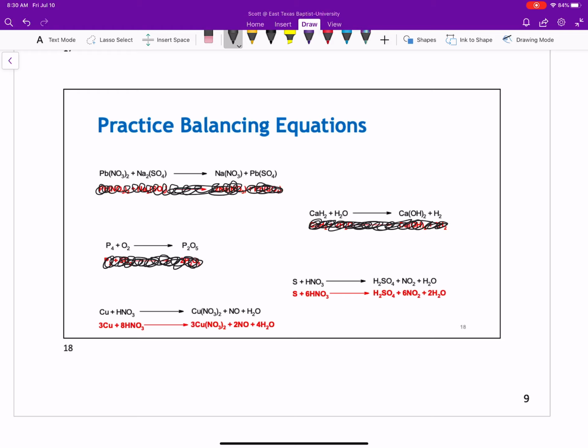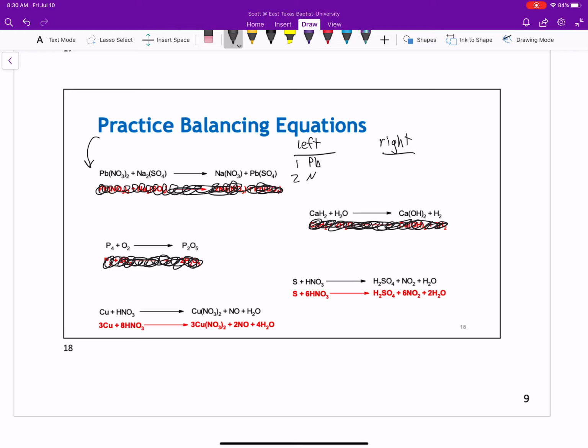So this is a very scary, nasty equation, and it's not balanced. I'll prove it to you, because what I'm going to do is write left, and I'm going to put right here. And on the left-hand side, we have 1 lead. We have, hopefully you can see that, 2 nitrogens from the nitrate polyatomic ion.